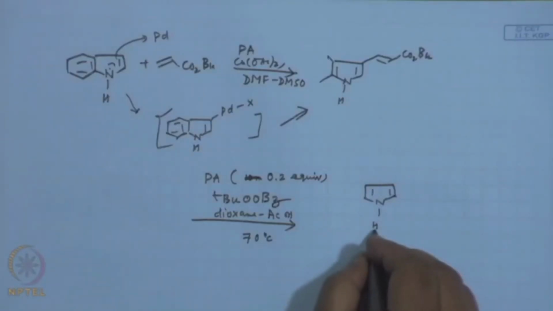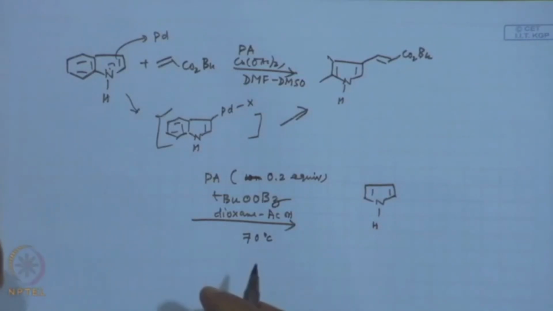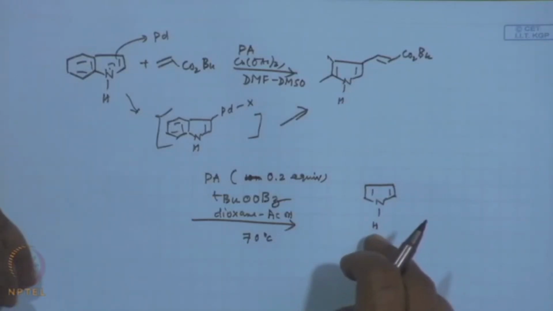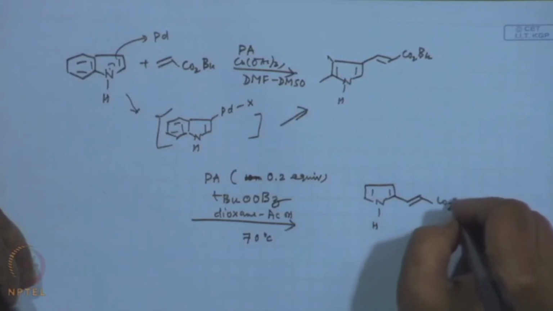Oh no, without protection the yield is a little poor, around 50%, but if you protect this nitrogen... oh, that is kind of strange. Okay, nitrogen is not protected, and the reaction gives you this.